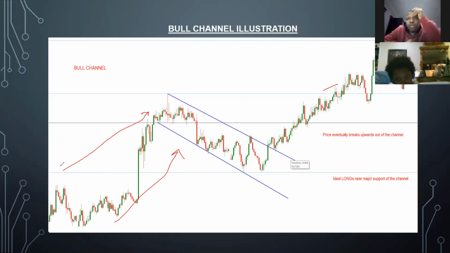Market is in a strong uptrend. But now, market then paused, then started forming lower low, lower high, lower low, lower high, lower low. Then we've got a lower high here, which the market broke out of the channel. Can you see we've got our trend line resistance here and the trend line support?